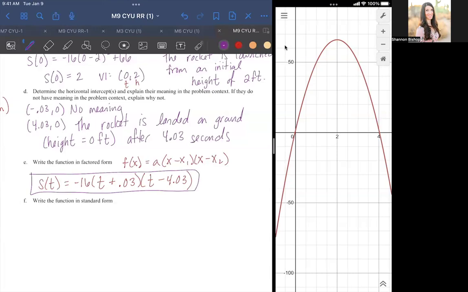Okay, so to convert it to standard form, part F, write the function in standard form.